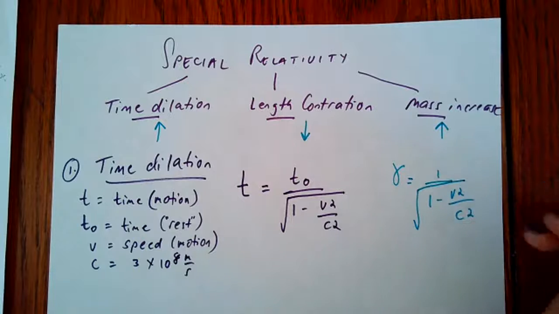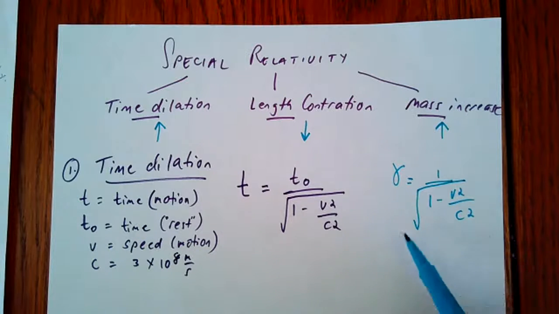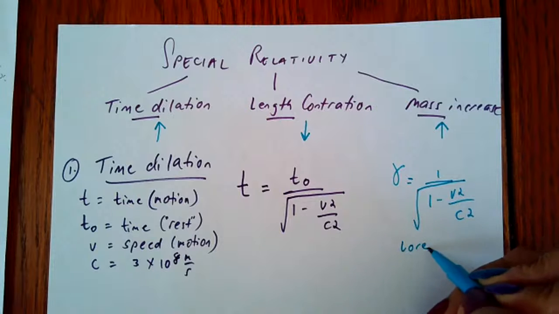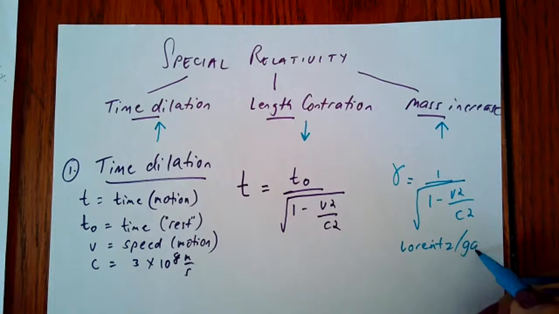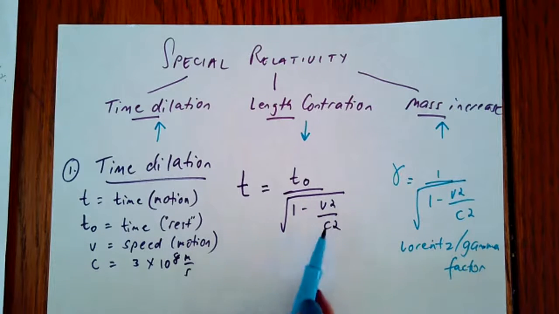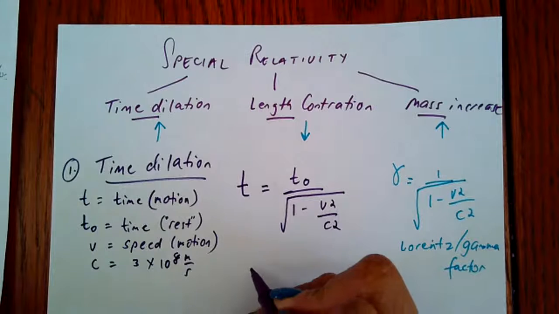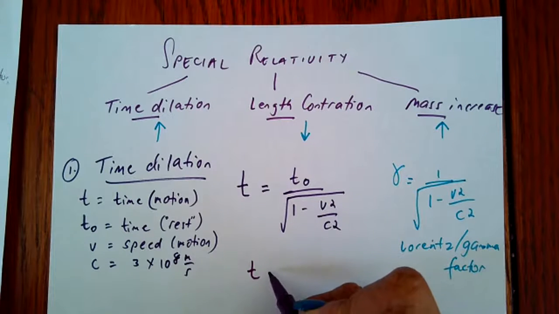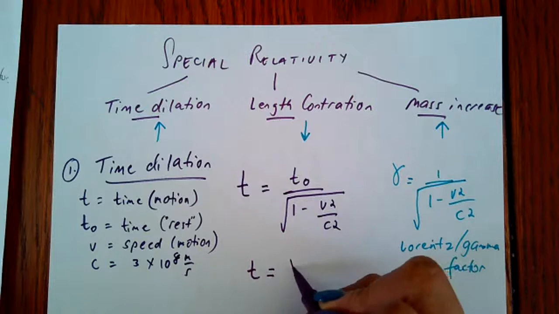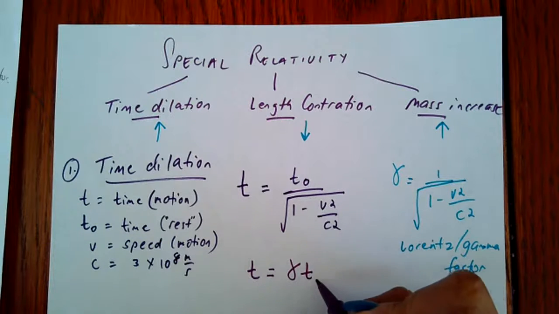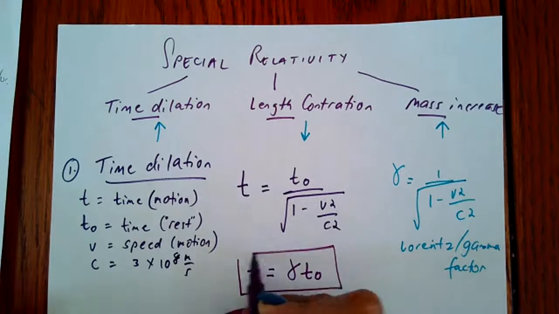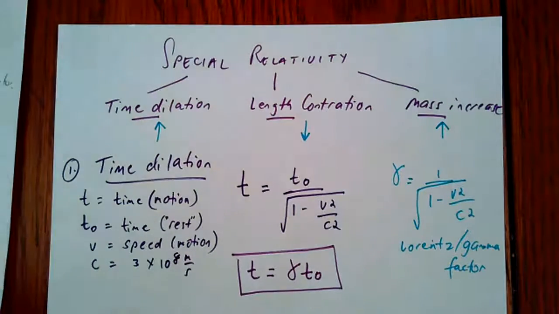It might help with calculation efficiency to calculate this Lorentz factor, or the gamma factor, first, so that you'll have the value for this one here, and you'd be able to do your calculations much faster. So we can summarize this as T is equal to gamma times T naught. And that's what happens in time dilation.